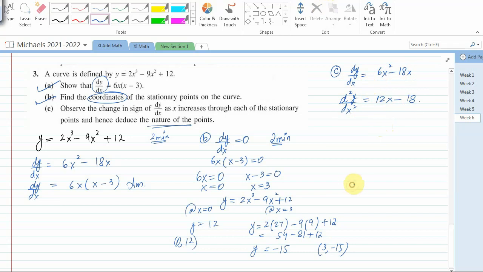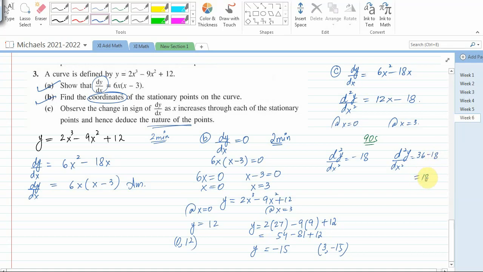After that we have two values of x, that is 0 and 3. So we need to substitute x equals 0 and x equals 3 into d squared y over dx squared and find the answer. At x equals 0, d squared y over dx squared is negative 18, and at x equals 3, d squared y over dx squared equals 12 times 3, which is 36, minus 18, which leads to 18.